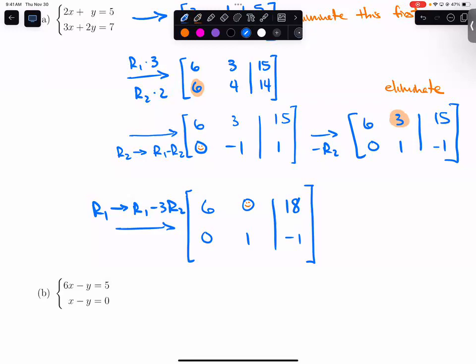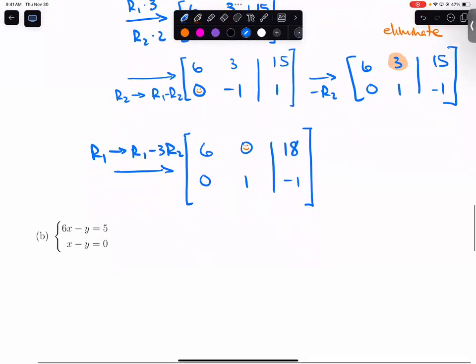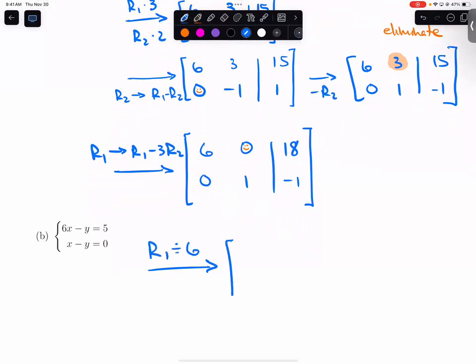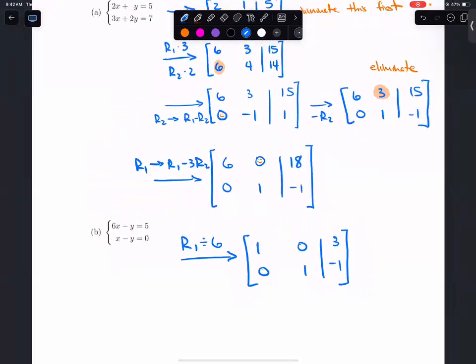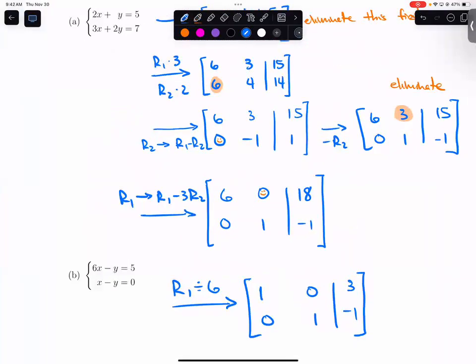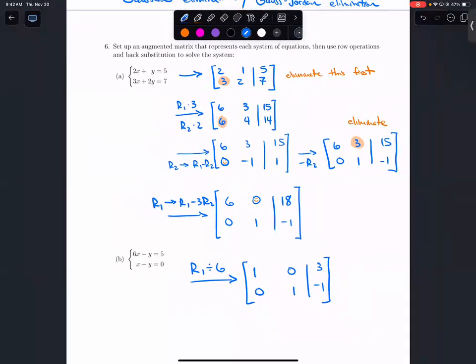And the very last thing, because I'm trying to go specifically for that reduced row echelon form, I'm going to take row 1 and divide by 6. So that's the reduced row echelon version of this matrix that represents this system.